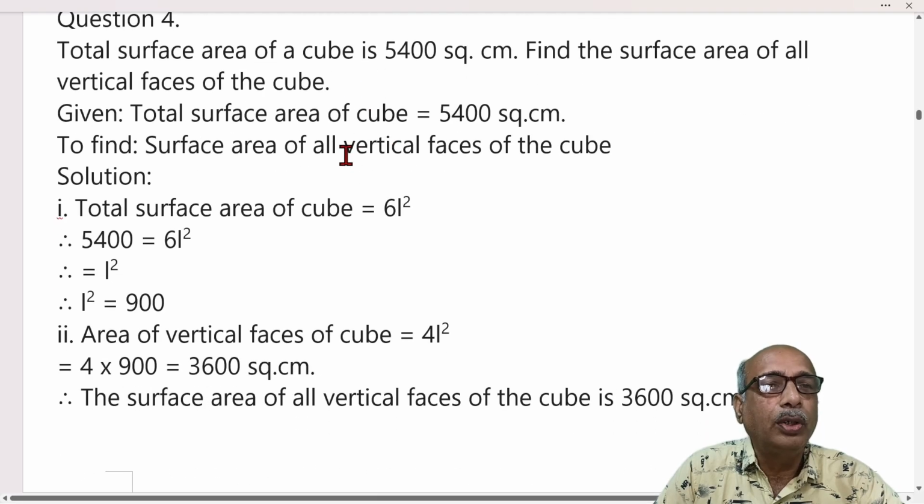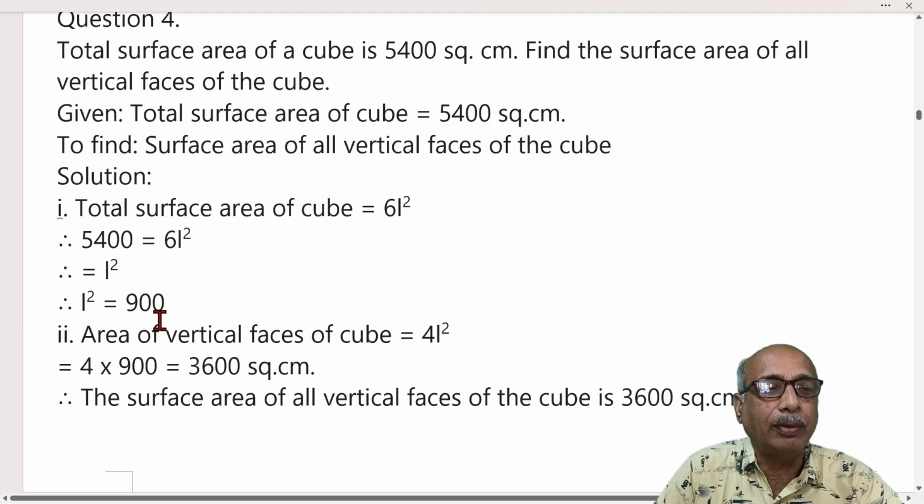Question 4. Total surface area of cube is given, 5400 square centimeter. Find the surface area of all vertical faces of the cube. So total surface area is given, from that you will find the value of L, side. Total surface area of cube, you know formula, 6L square. Therefore 5400 equals 6L square.